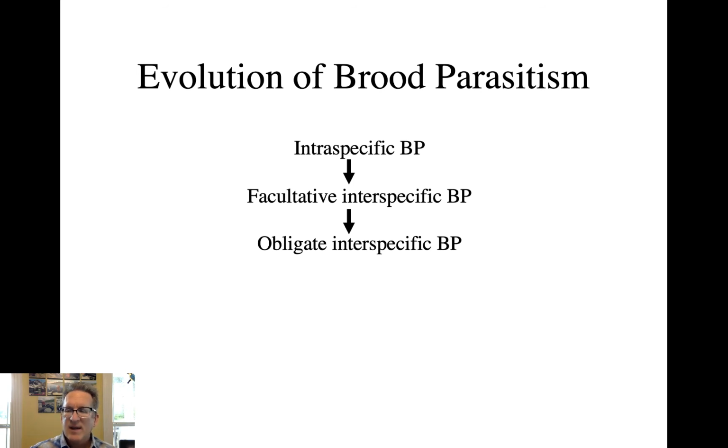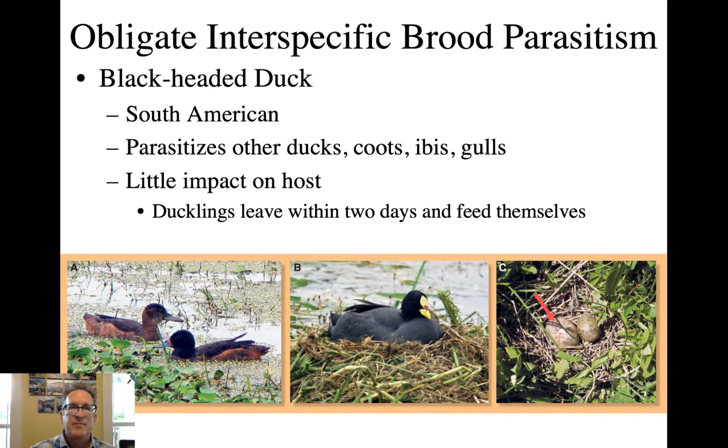So let's talk about some of the behaviors associated with making this an adaptive behavior. Well, first let me give you the examples of species that are obligate interspecific brood parasites. It's really not that common, as you can expect, but it has evolved a number of times in a number of different groups.